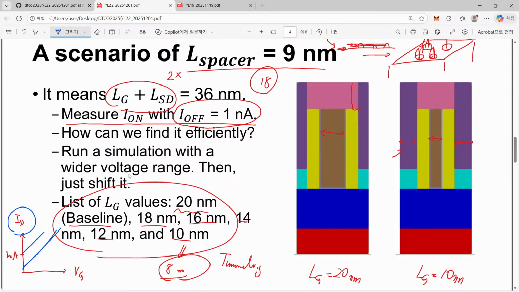However, we simulate, and it says that actually when gate equal to 0, your current is somewhat lower, and in order to have exactly 1 nanoampere, you have to apply, for example, 0.1 volt in your simulation. Then what we can do is just shift our work function.